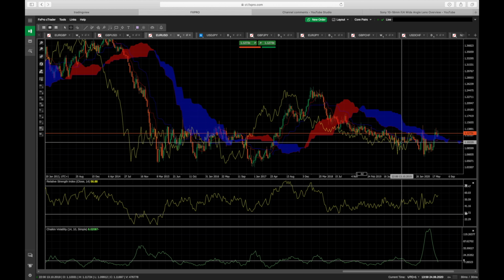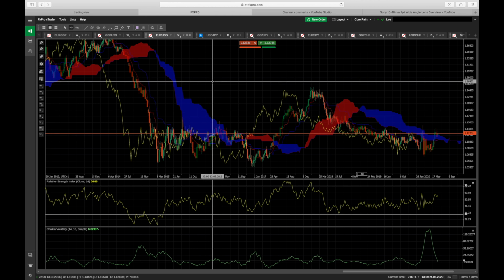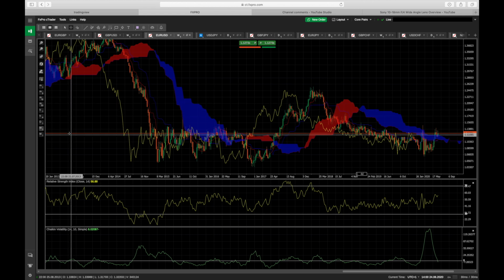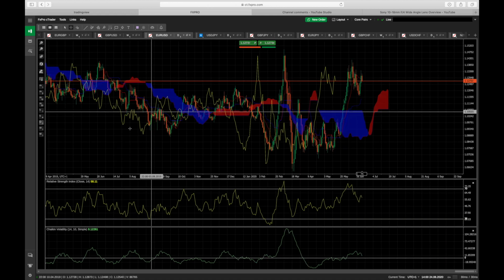But we know that that's not the case at the moment with the fundamentals in mind. So I will jump down to a lower time frame on the daily and have a closer look at this pair.